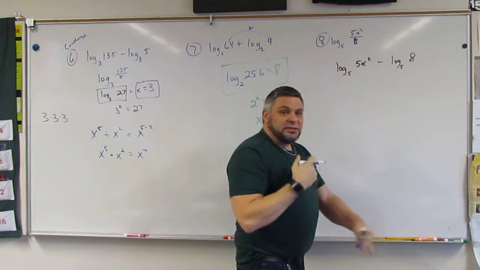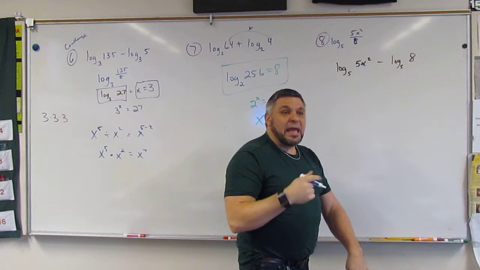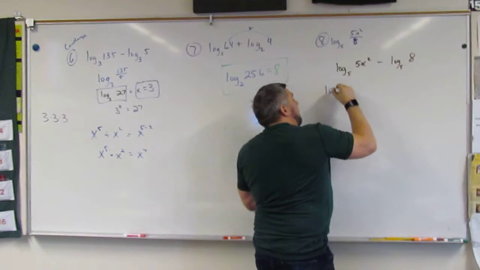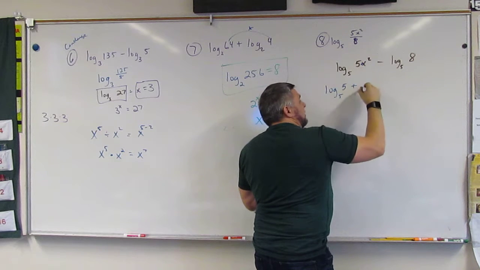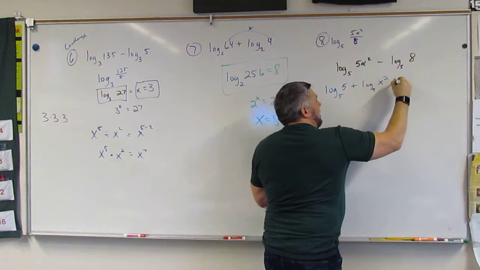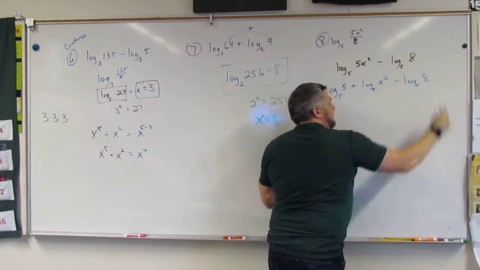So what's multiplication? Add. It's adding. Good. So it's going to be log base 5 of 5 plus log base 5 of x squared minus log base 5 of 8.